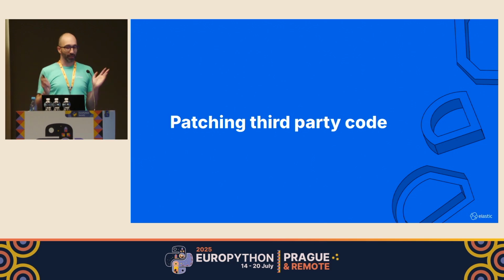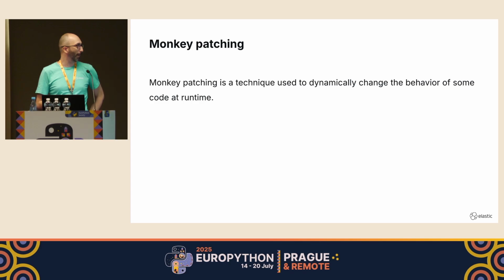Okay, so the last magic bit we are seeing today is monkey patching. Monkey patching is a technique that is used to dynamically change the behavior of some code at runtime. Like everyone said, you shouldn't use monkey patching, but unfortunately, this is what we have. And this is what is used by most of the instrumentation libraries that need to wrap other classes, methods, or functions.